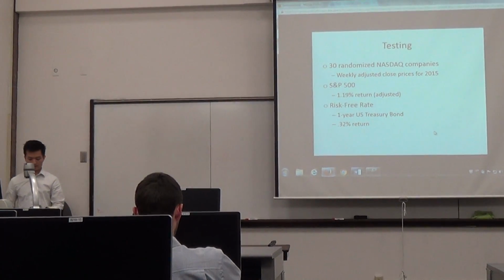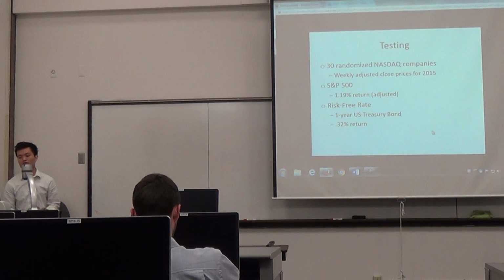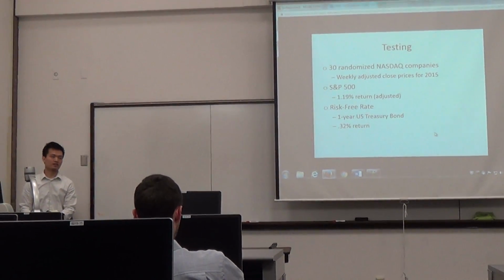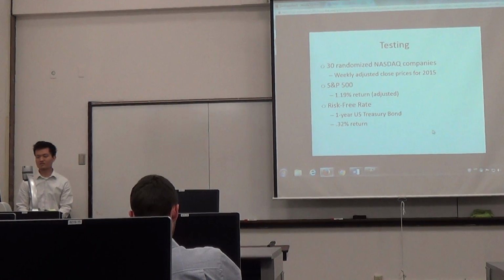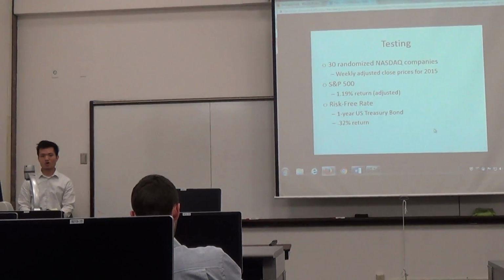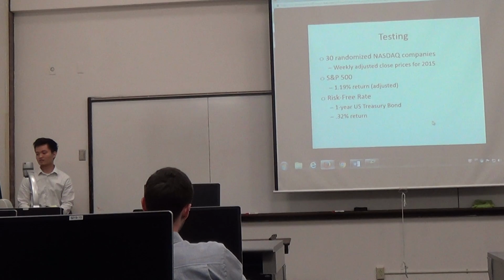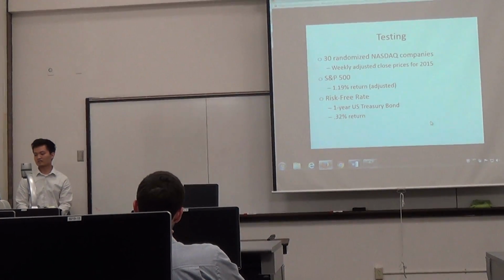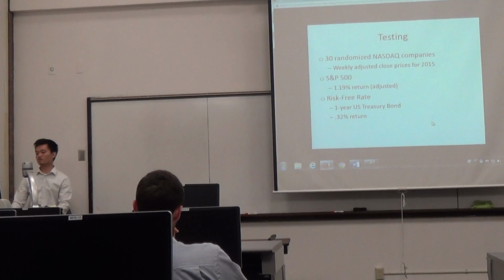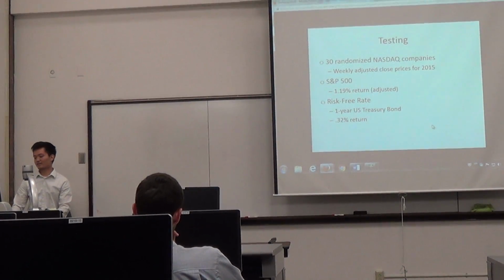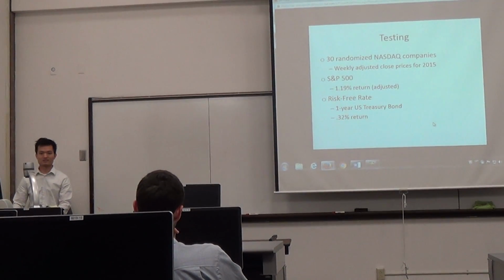In order to obtain the betas for the stocks, I actually calculated them. I didn't go on Yahoo and just look at the betas. I took the slope of the weekly returns of the companies against the S&P 500 returns and came up with those. And you will see that my data is pretty jacked up.